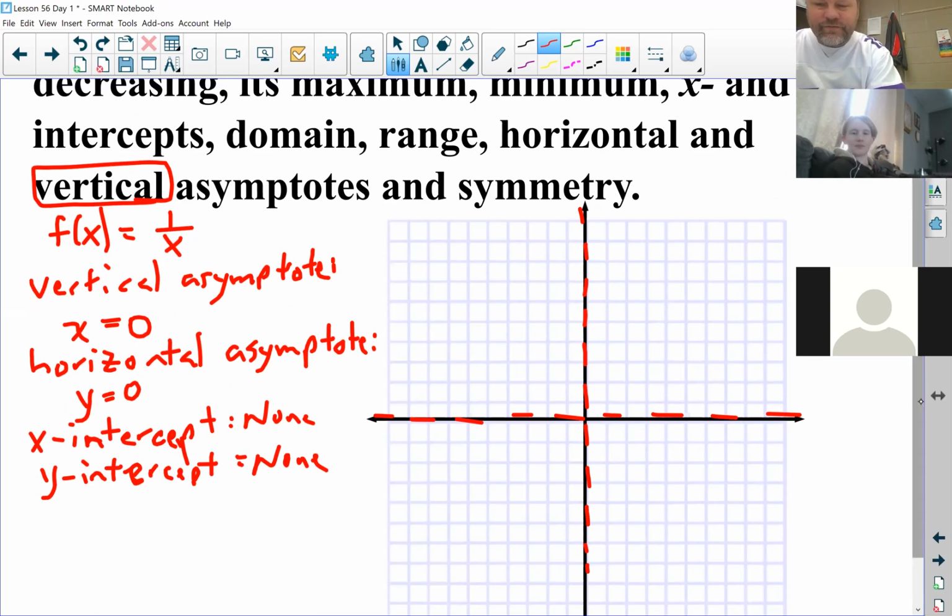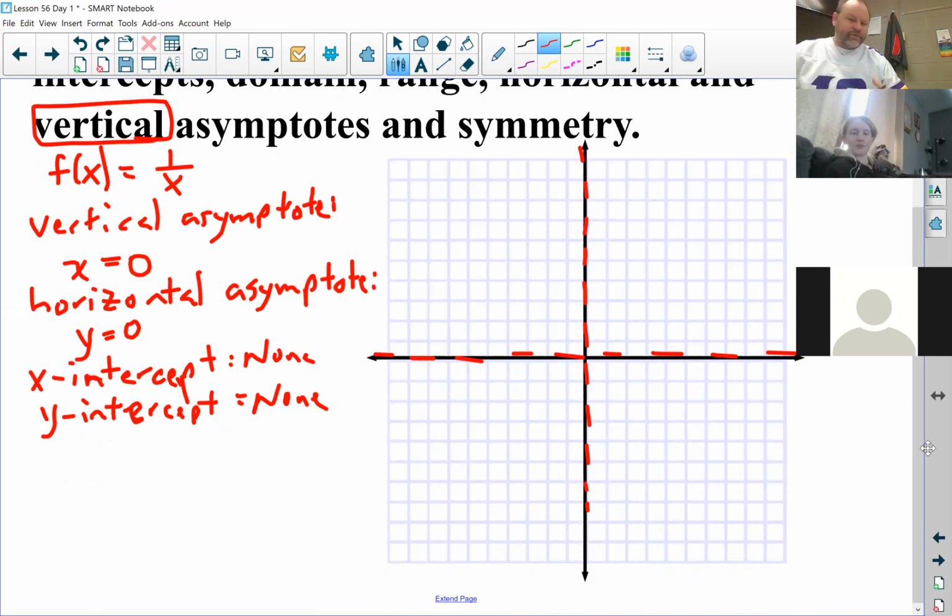As far as other values go, if you're not comfortable with a function, a great way to graph is just pick some values for X and Y. Because I have that asymptote at 0, I should probably pick a couple of negative values and a couple of positive values. So we can do that.